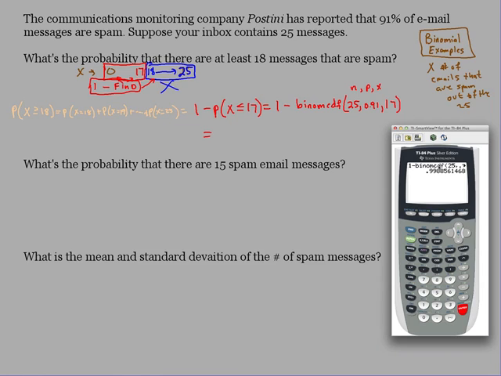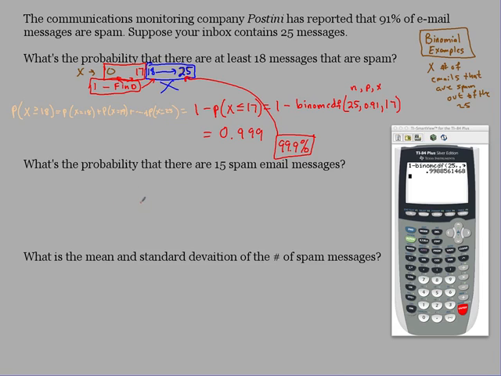Okay, since I did 1 minus already, this is 0.999. So there's basically a 99.9% chance that you have at least 18. Okay, that's what we just found. At least 18.